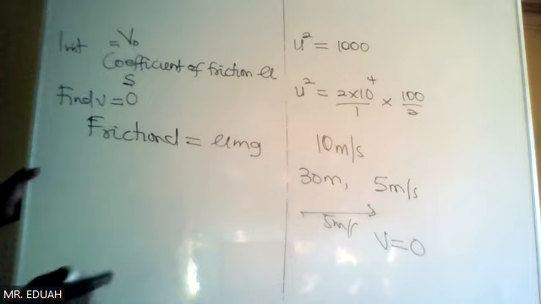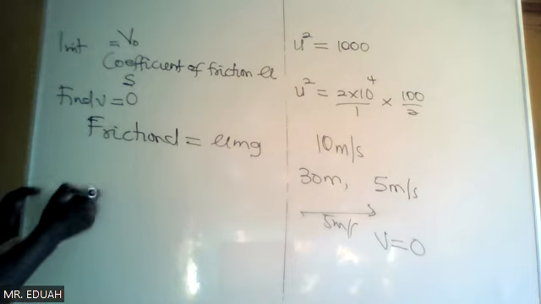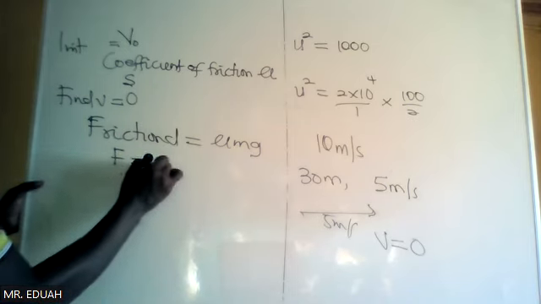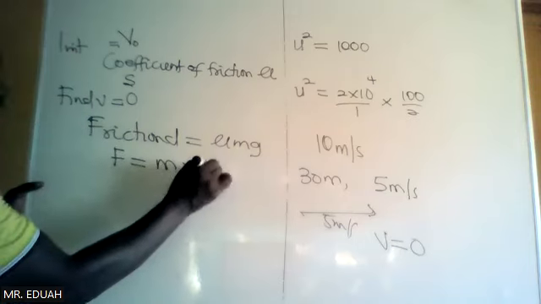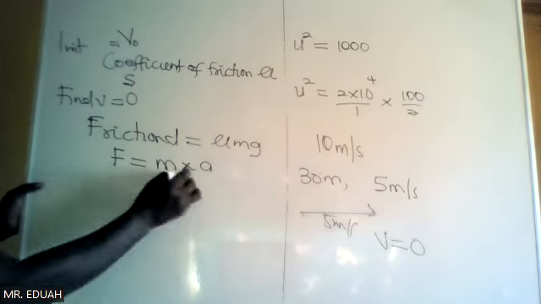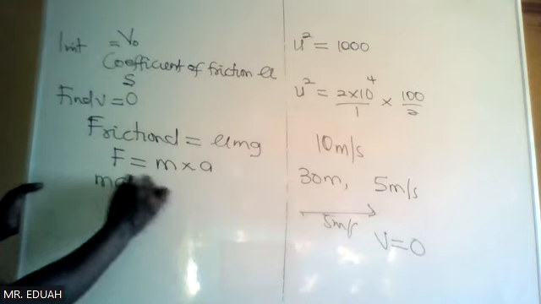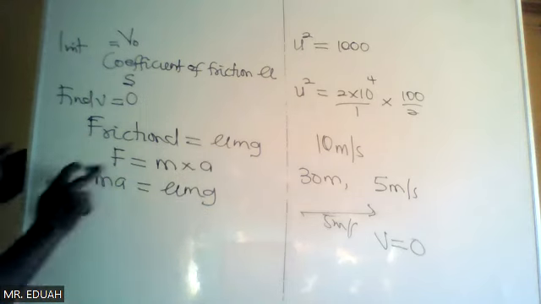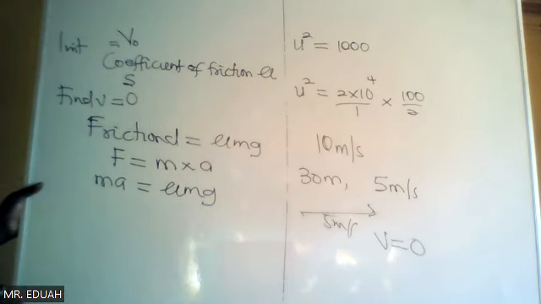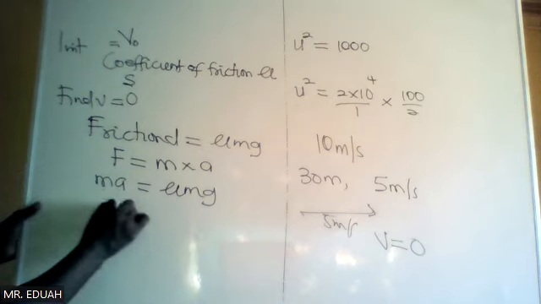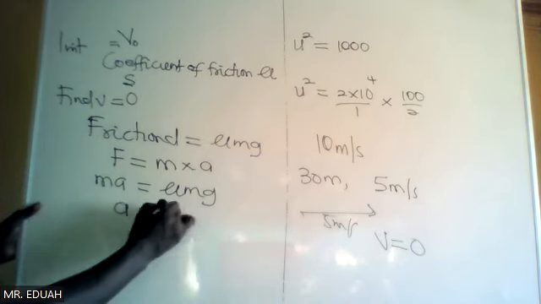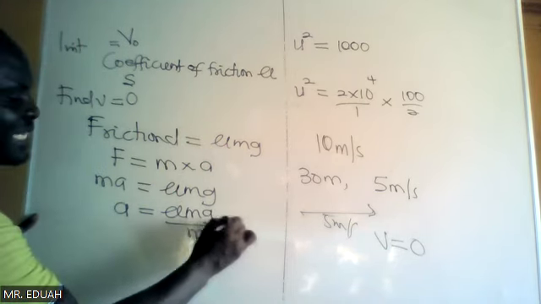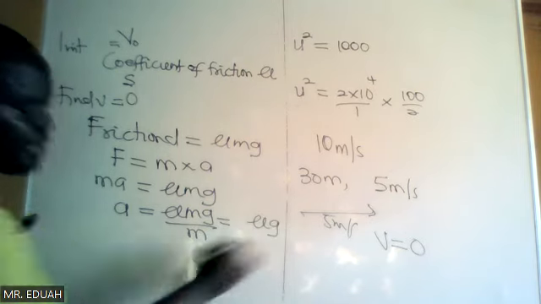Newton is also saying that any force, whether friction or whatever, can be calculated by mass times acceleration. So the net force ma must be equated to the frictional force because that's the external force acting on the body. And this would give us the acceleration of the body, which is mu mg over m. So the acceleration is actually mu g.